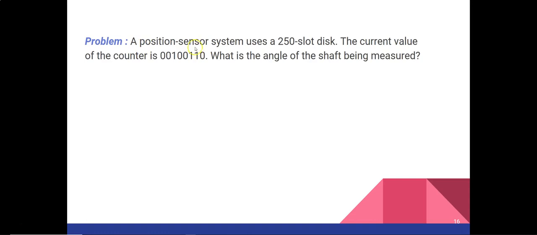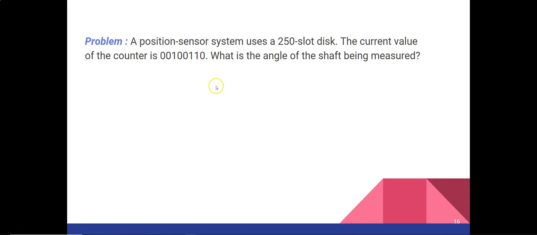Now let's see this problem, which says a position sensor system uses a 250 slot disk. The current value of the counter is given, which is this. What is the angle of the shaft being measured? To measure the angle of the shaft, we first need to calculate what each slot angle represents, and that we can calculate by dividing the 360 degrees, which is the total disk angle, by the 250 slots, which is already given.